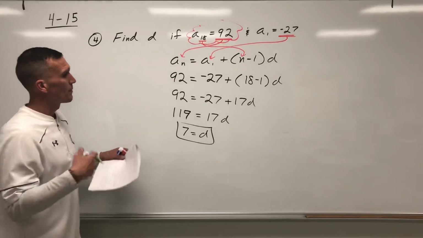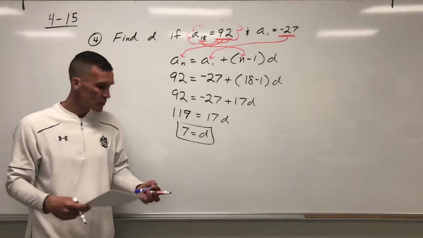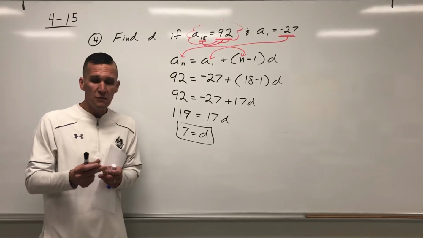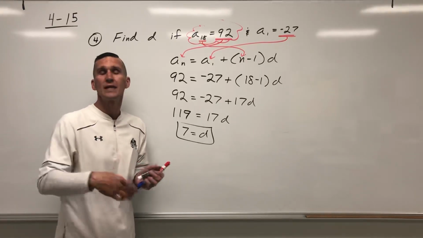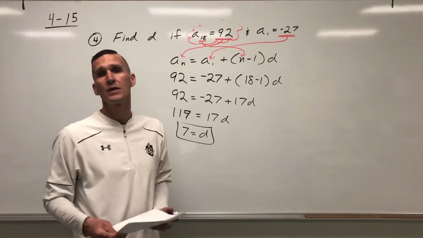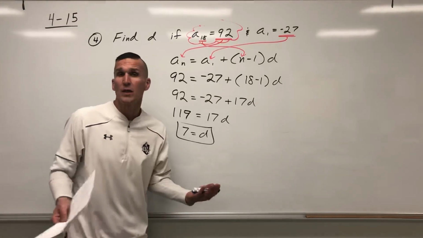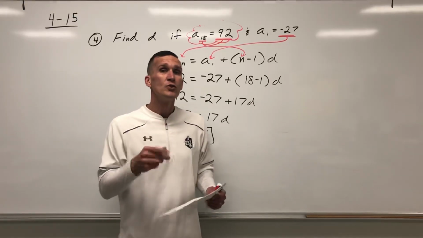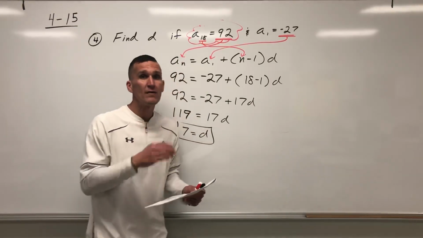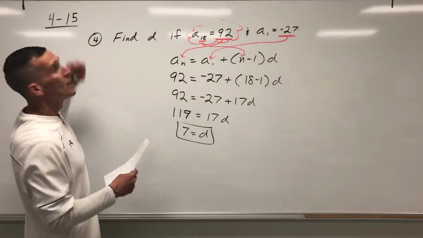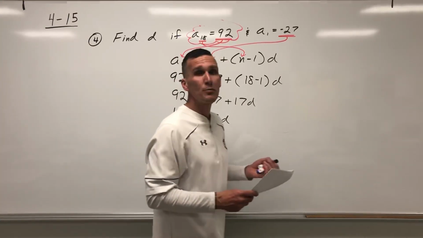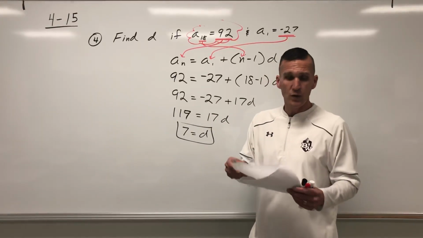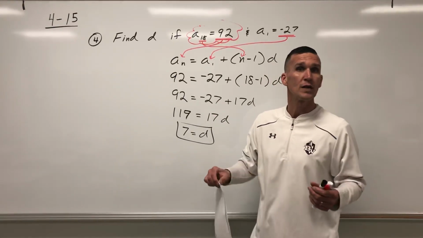Now, that's pretty much all we're going to do today. We're trying to learn arithmetic sequences. We're trying to learn how to use the formula a sub n equals a sub 1 plus quantity n minus 1 times d. Can be a little bit challenging at first, but if you do your practice problems and then you check the homework key that I'll be giving out the next day. So again, by 4/16 or April 16th at 7 a.m., the homework would be due, so then you can check your homework and see what you need help on.